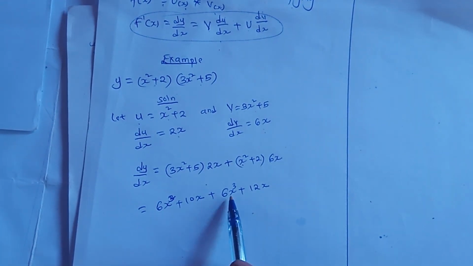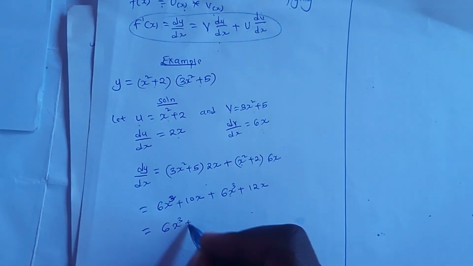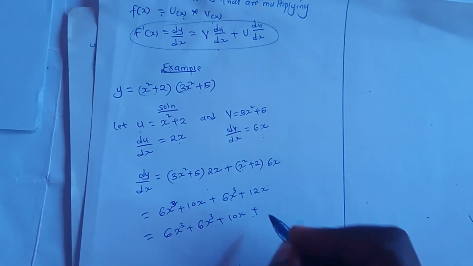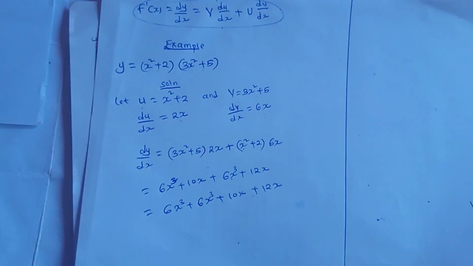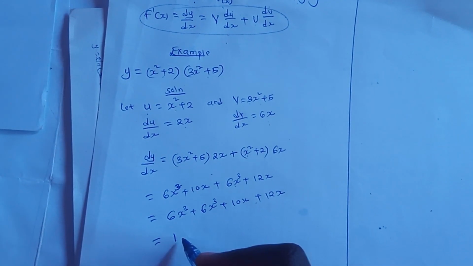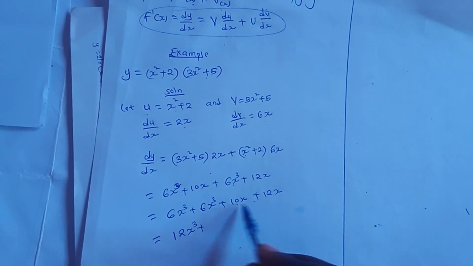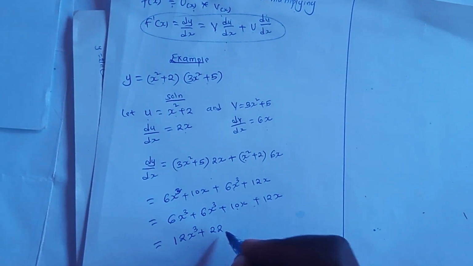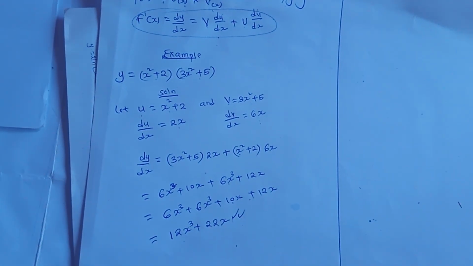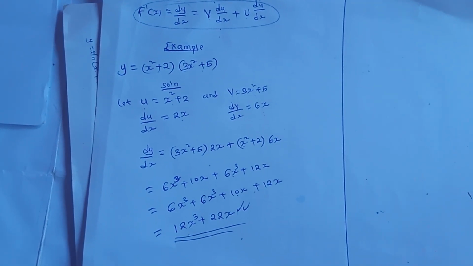We can see 6x cubic and 6x cubic, so we shall have 6x cubic plus 6x cubic plus 10x plus 12x. So we shall have 12x cubic plus, if I take 10x plus 12x, I will have 22x. So this becomes my final answer.